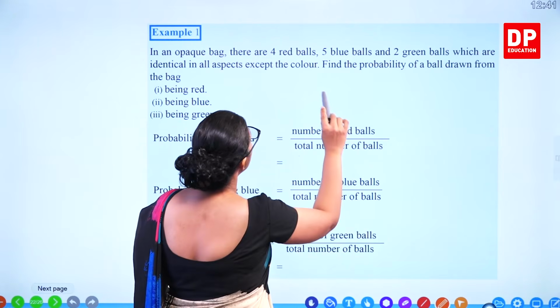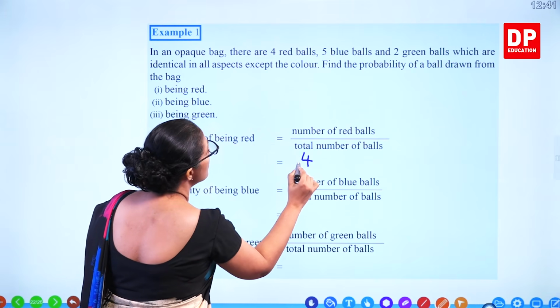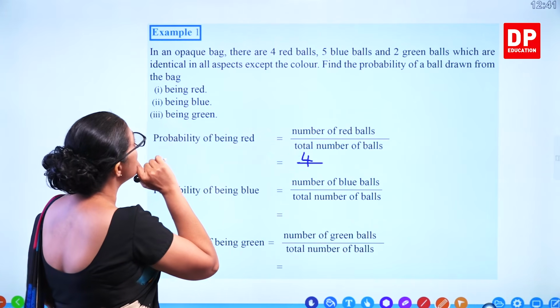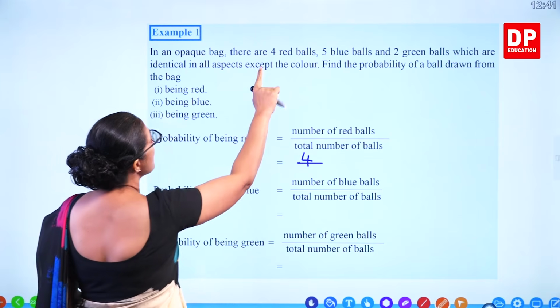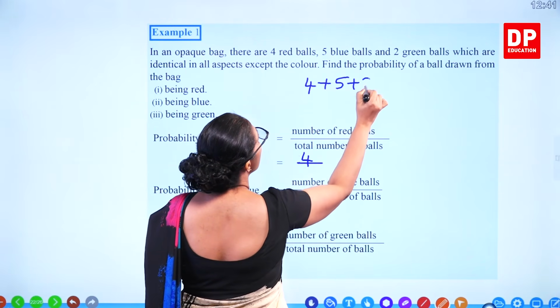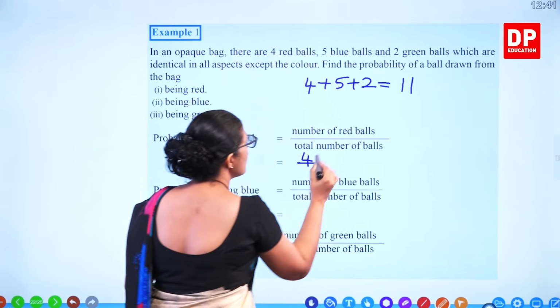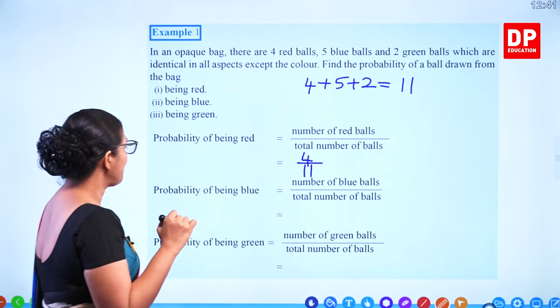So you get how many reds? 4 out of... altogether how many balls are there? You have to count 4 plus 5 plus 2. That's 9 plus 2, 11. So this is out of 11.